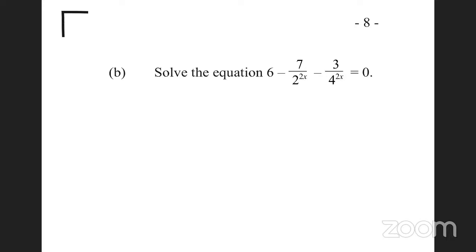So think about what can make a substitution. Let y equal to 2 to the power of 2x, and then figure out what y squared is.